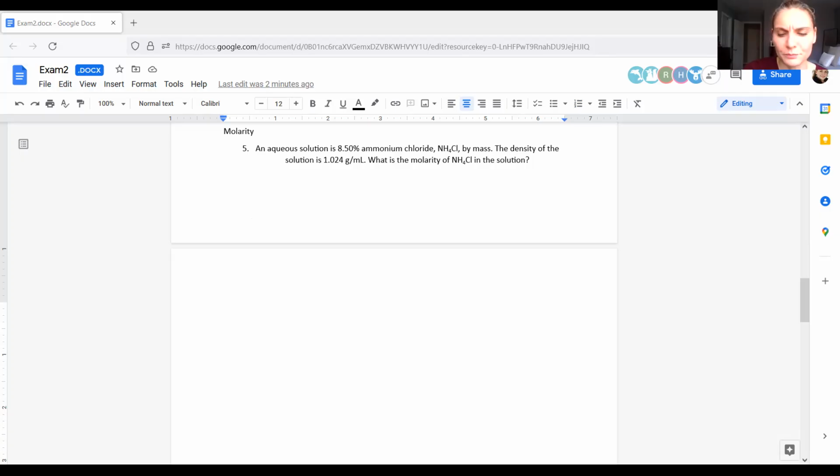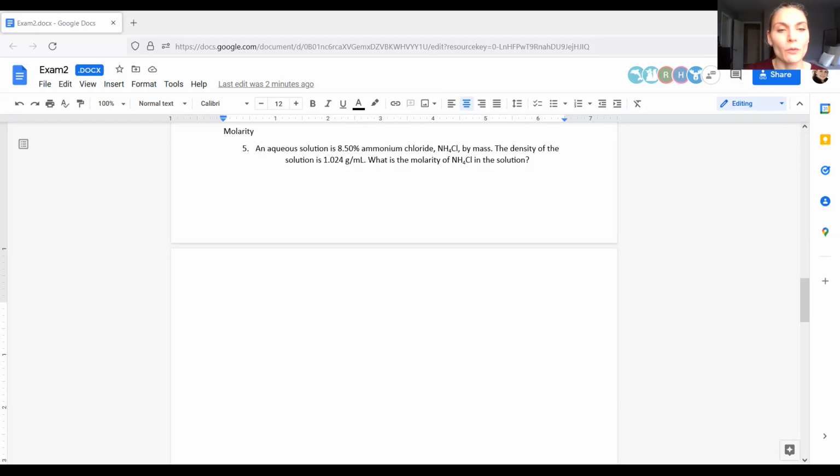All right. So let's go back a little bit just to make sure that this is making sense and gets a little bit of a clearer piece. When you talk about the mass percent, again, we talked about how it was the grams of the solute over the grams of the solution.